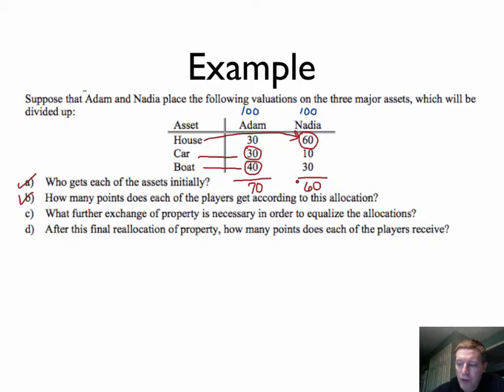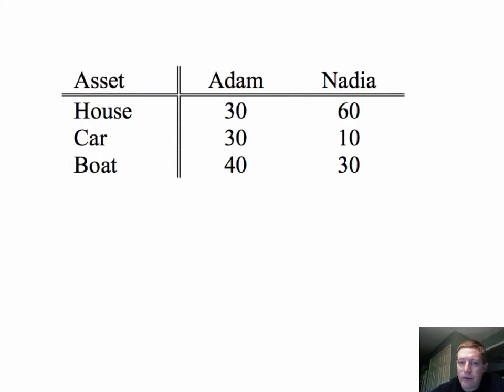So we move on to the second part of our procedure. And this is really kind of the big part. So just to review, we know that Adam bid higher on both the boat and the car, and Nadia bid higher on the house. Adam currently has 70 points.